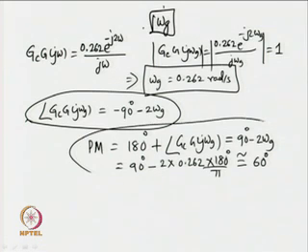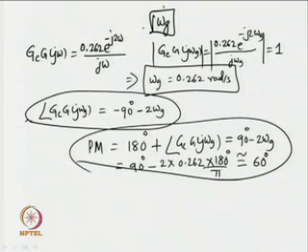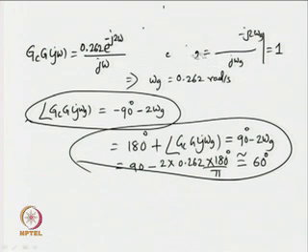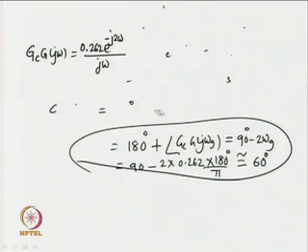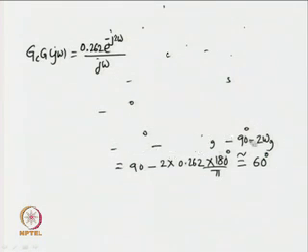So, thus the phase margin of the system can be obtained in this fashion once we are able to find the gain crossover frequency of the loop. Similarly, using the loop gain, it is possible to find the phase crossover frequency at which the phase of the system is minus 180 degree.